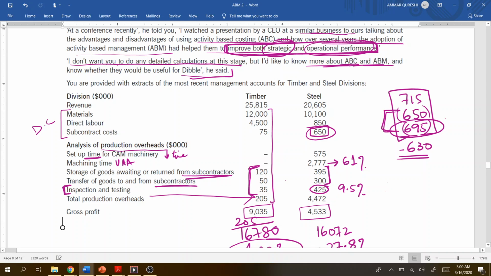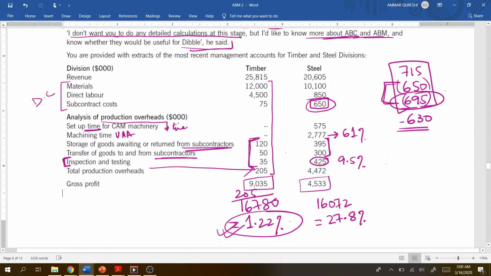This is not a value added activity because if you produce your product right in the first procedure, then definitely you can eliminate this cost. So this is not something which the customer is actually paying for.